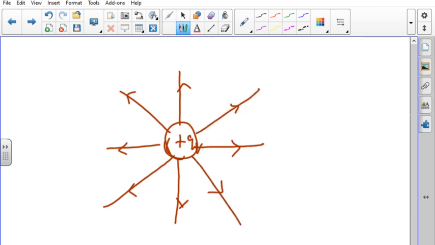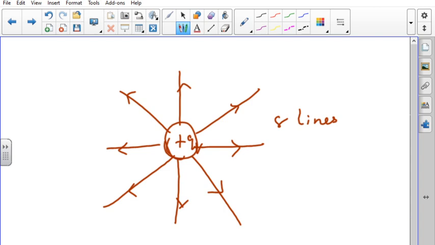Now just observe the diagram. It is a positive charge. How many electric field lines do we have around this positive charge? 8 lines, I suppose. We have 8 electric field lines mapped.